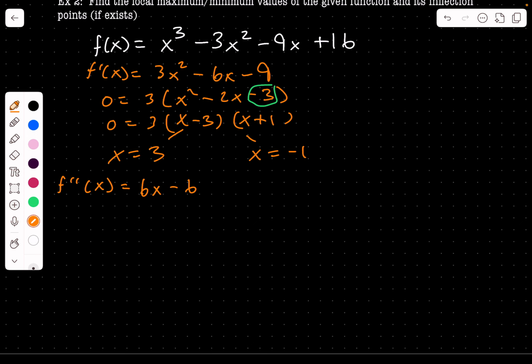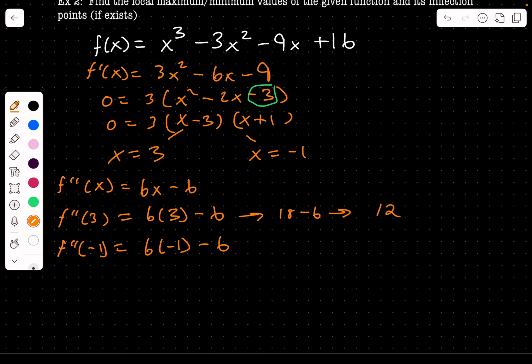Now let's plug in both of our given values. f double prime of 3 is going to give us 6 times 3 minus 6, which is 18 minus 6, which gives us a positive 12. Then we have f double prime of negative 1 equals 6 times negative 1 minus 6. This is going to give us a negative 12.